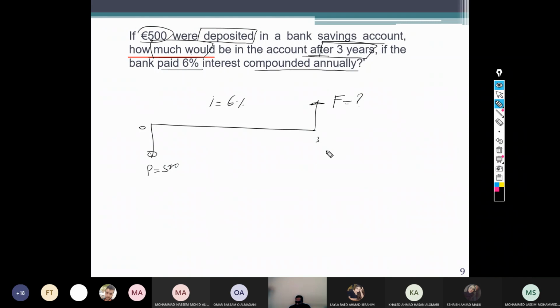If you want to know what it's really named, it's rate of return. But here the book always uses interest. If you want to think in a financial aspect, it's called rate of return. If the bank paid, they paid me, so the rate of return is 6. However, not to complicate things, we always call it interest throughout the study.